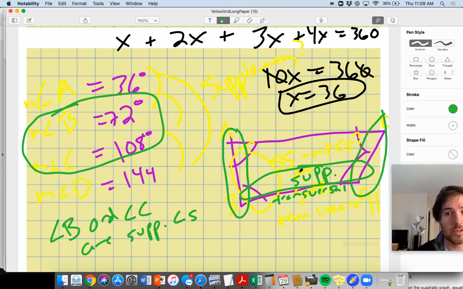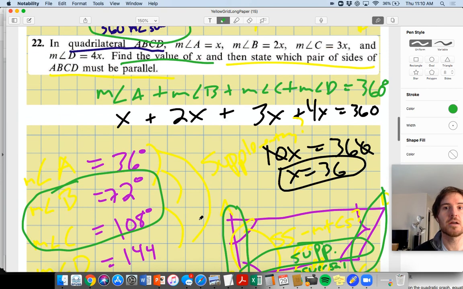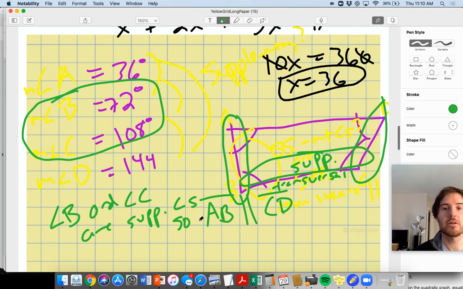Again, we're not looking at diagrams, we're looking at the numbers here. So B and C are supplementary angles. That means that AB is parallel to CD. So those are the parallel sides here.